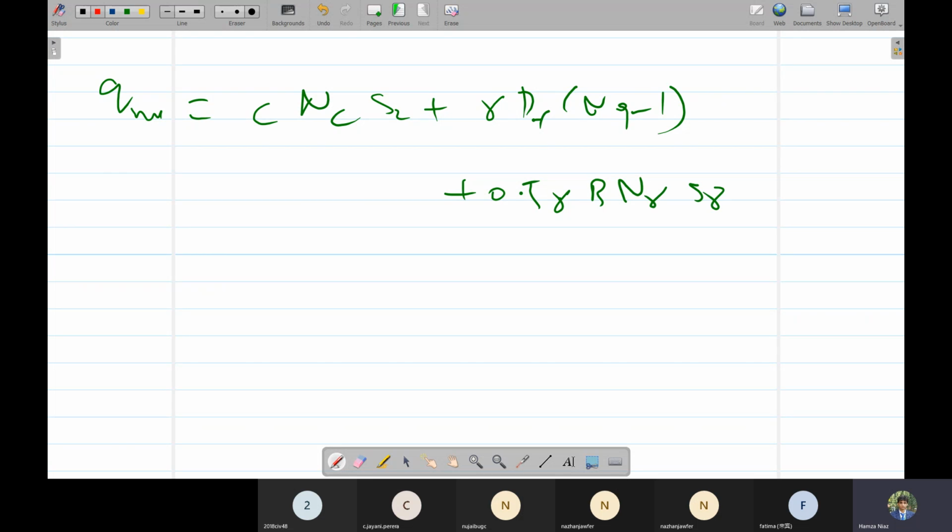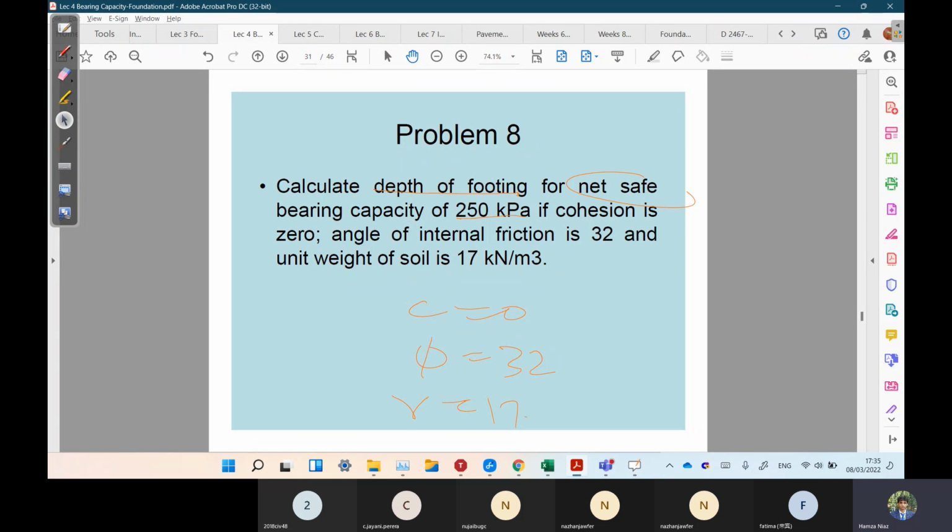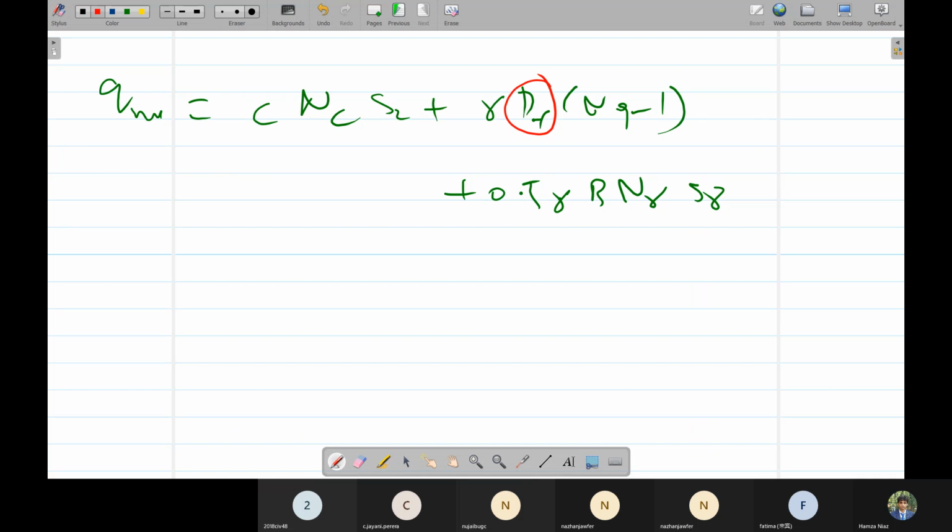So for this expression, we have this unknown value. This value is unknown. Also, we know this net safe bearing capacity. So qns is equal to 250 kilopascals. We know this qns is equal to q net ultimate divided by factor of safety.